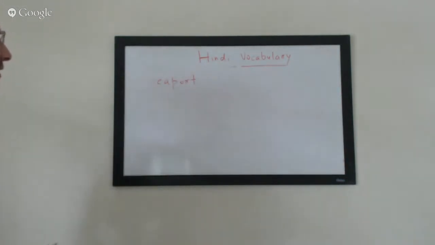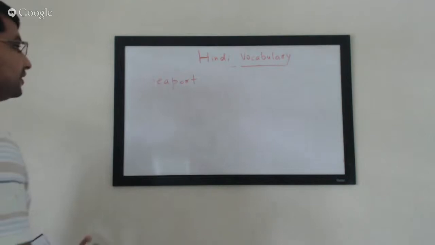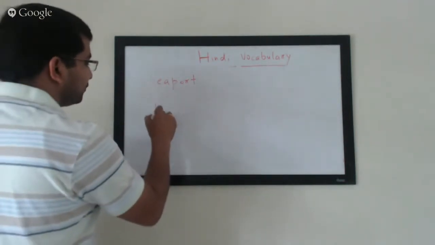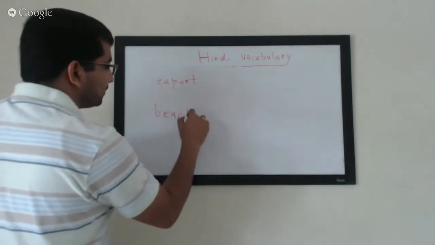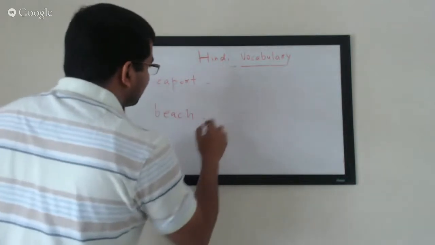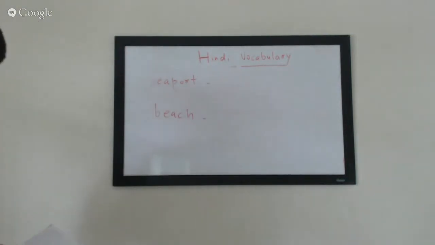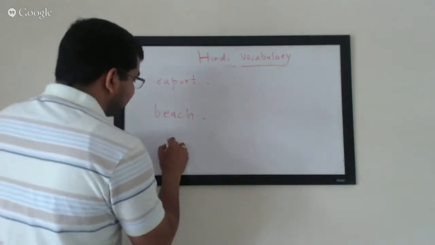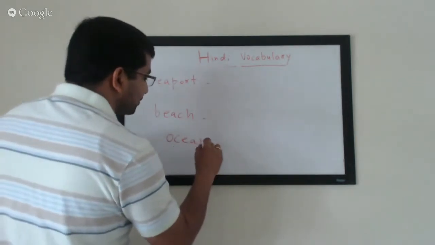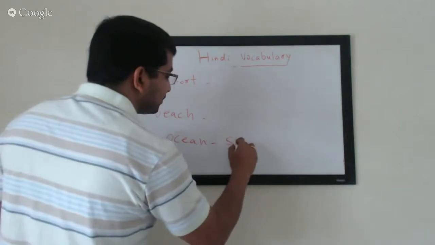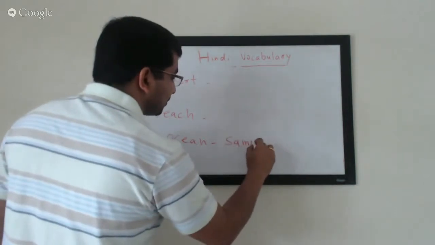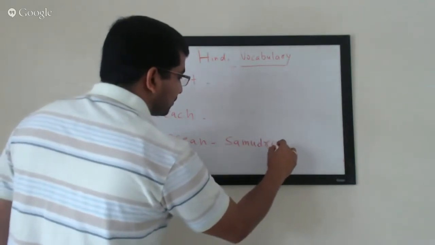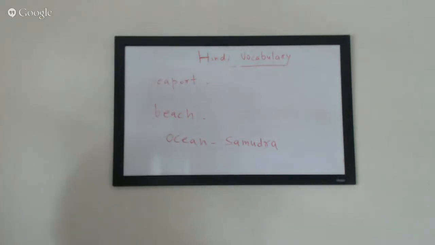If your city is facing the sea or close to the ocean, you can use these keywords as well. The Hindi word for beach comes from the word for ocean. Ocean is samudra.